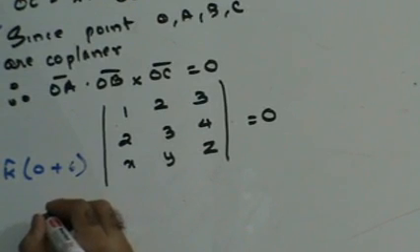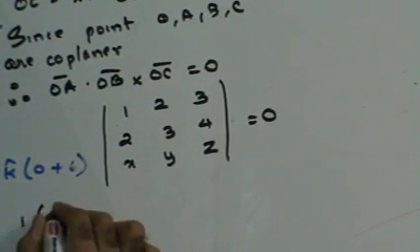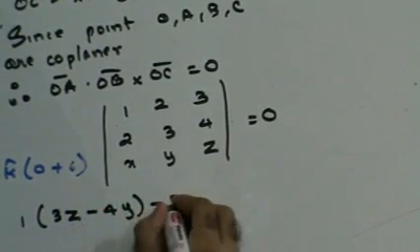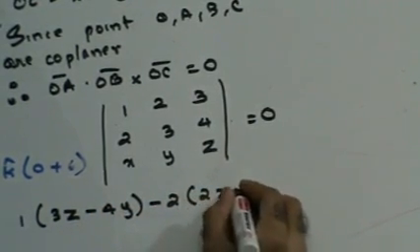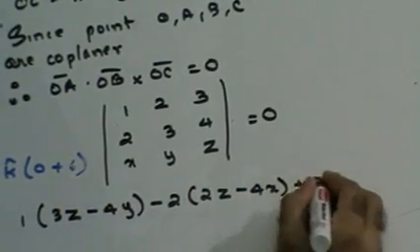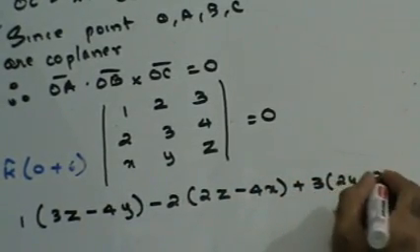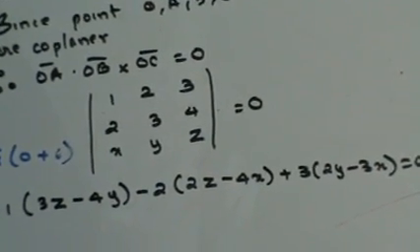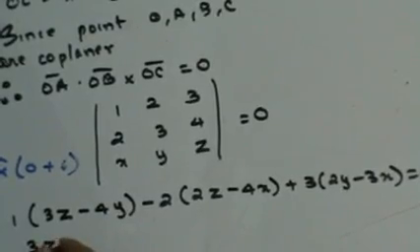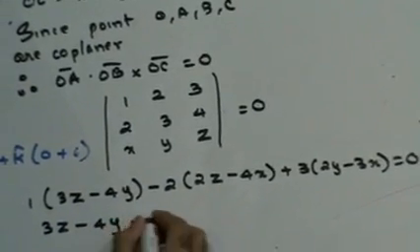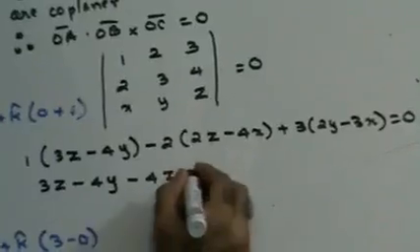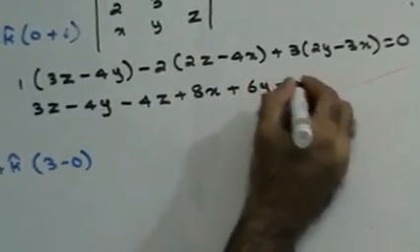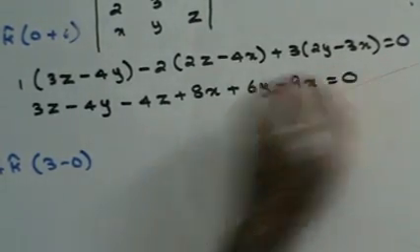If I solve the determinant, this is going to be 1 (3z minus 4y) minus 2 (2z minus 4x) plus 3 (2y minus 3x) is 0. This can be written as 3z minus 4y minus 4z plus 8x plus 6y minus 9x is 0.